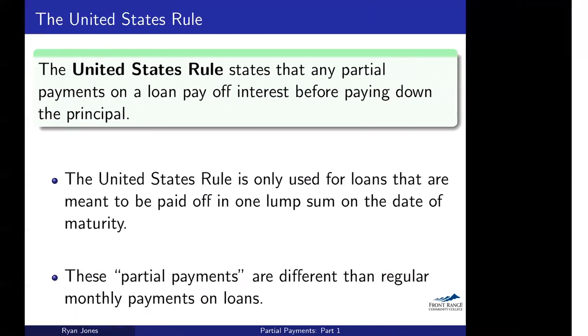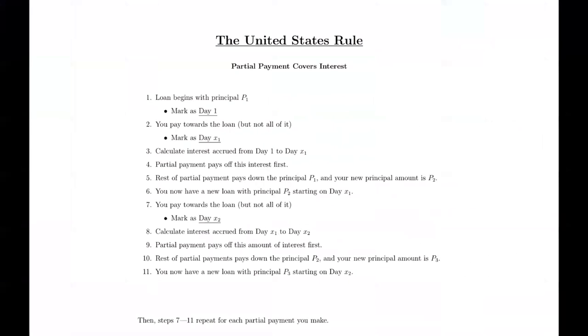So let's go ahead and actually explain this whole United States rule in a mathematical sense and see what happens as we do it. Let's say you take out a loan and it has a principal amount. There is a certain amount that you are borrowing, and I'm going to label that P1.